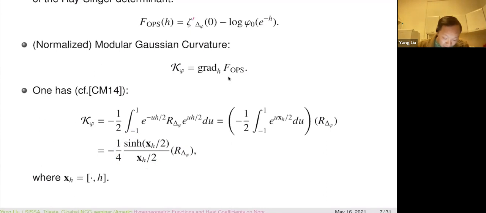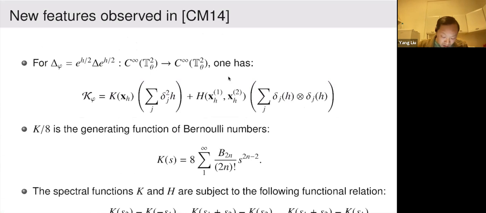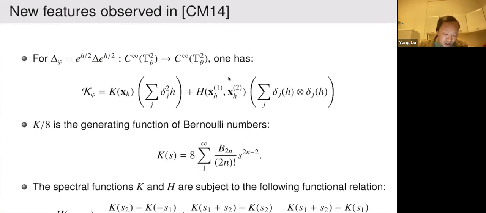Here are more interesting features about this modular scalar curvature. Here is the full formula for the modular scalar or modular Gaussian curvature. As I just mentioned, it is a second derivative of the metric, right? In the commutative case, this will be just a differential operator.